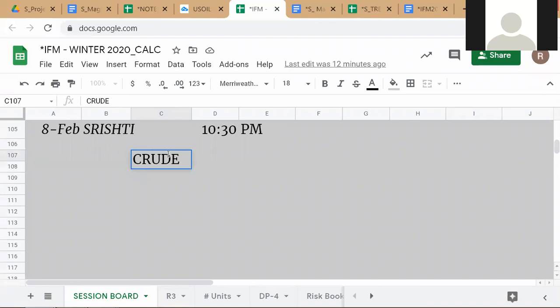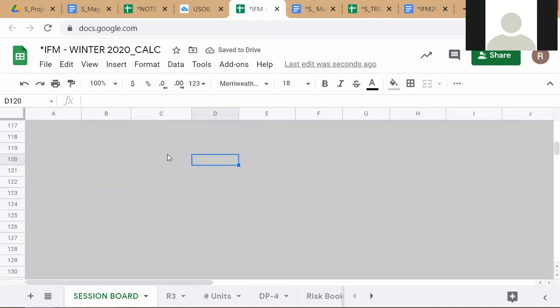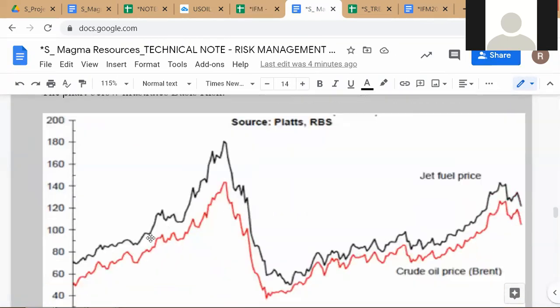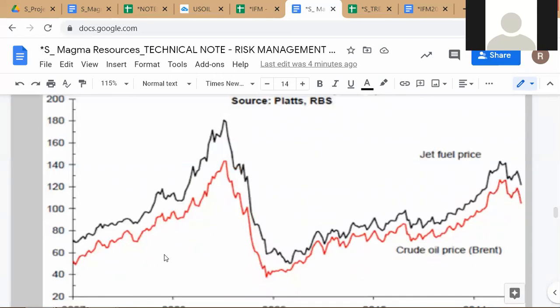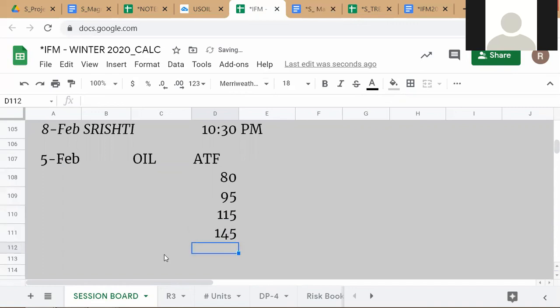So Srishti wants to do this as oil and ATF. Let's say ATF prices are 80, 95, 50, 45, okay.